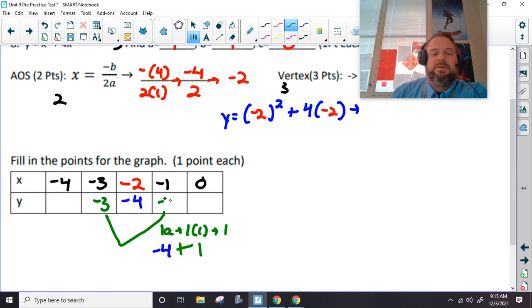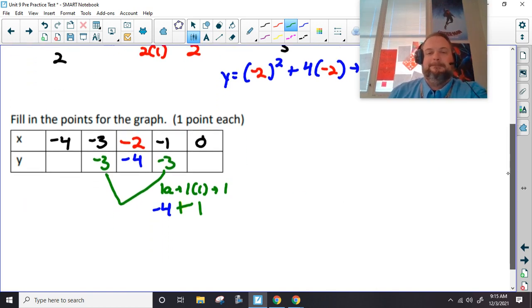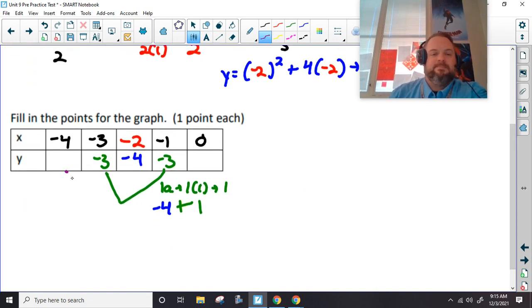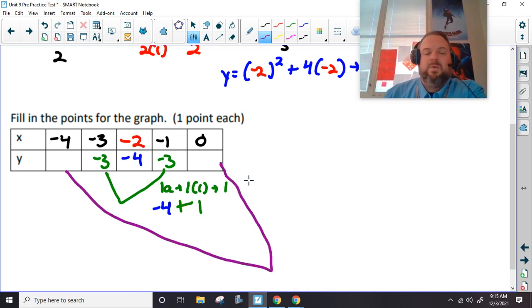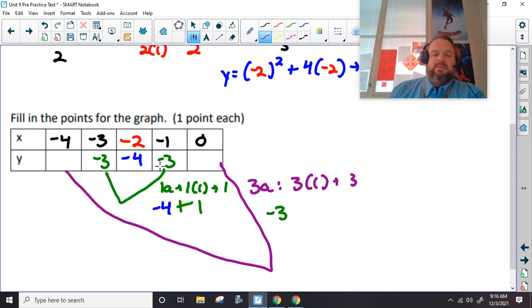Negative 3. That's how we get that point. These two are with the value of 3A. Well, that means that this is 3 times 1, which is 3. So we would take this value right here, negative 3, this y value in front of it, and then we would add 3 to it. And what do we get? And there you go.